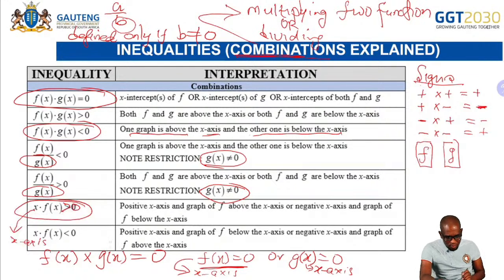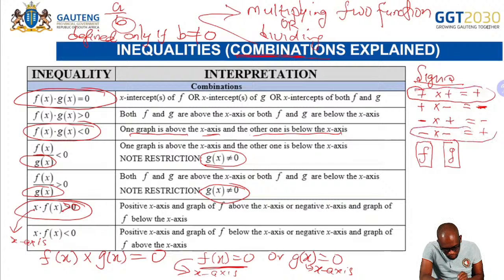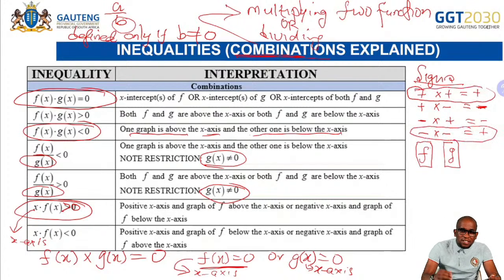Remember, greater than 0 means positive. So we're going to come back to our signs and locate where we can get a positive. That would be when both f and the x-axis are above or are positive, or when both are negative. So that's what we are looking at.